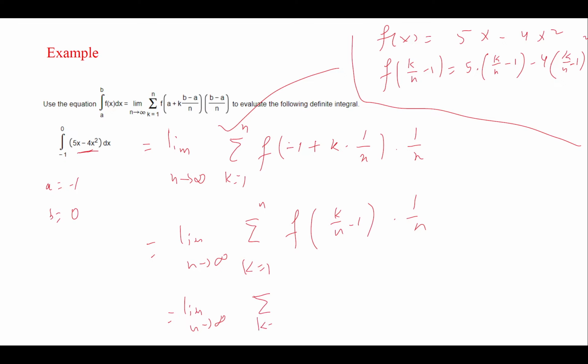So the sum from k equals 1 to n. This is the value of the function, which is 5 times k over n, minus, distributing this 5, 5 times 1, and then minus 4 times (k over n minus 1) whole squared, which is k squared over n squared minus 2 times k over n plus 1, and then there is a 1 over n.